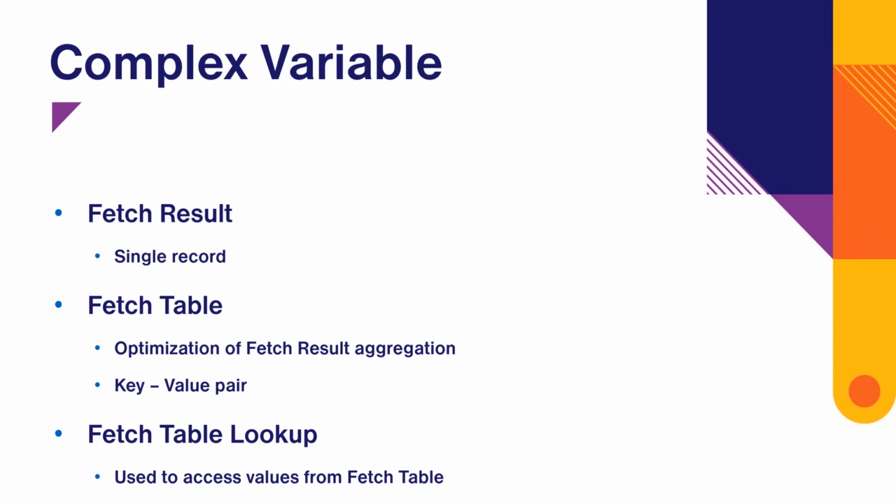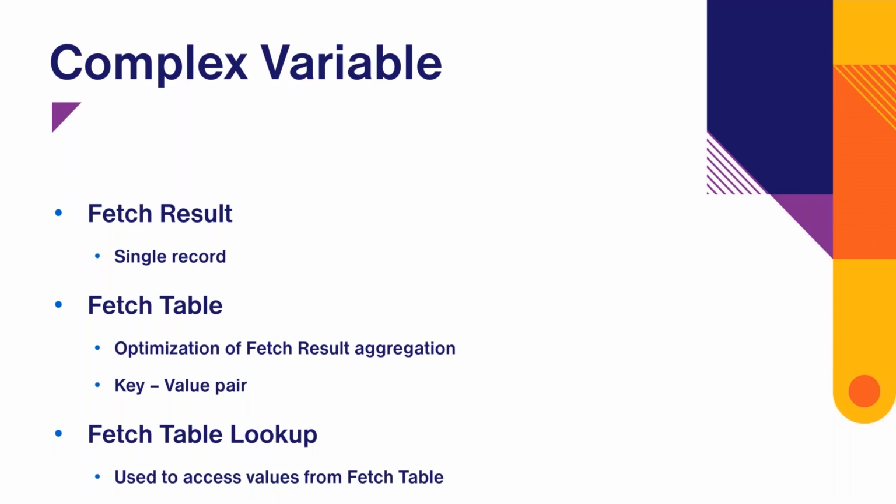Fetch table is a key value pair, so you define a key for a table and values that are associated to this key. So you can have multiple rows, so each row for one specific record that will be fetched using the fetch table condition.